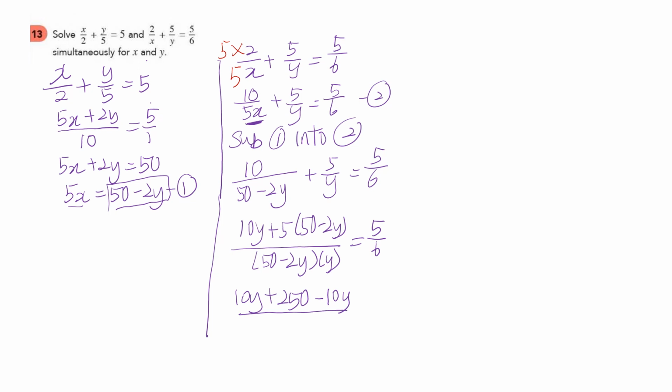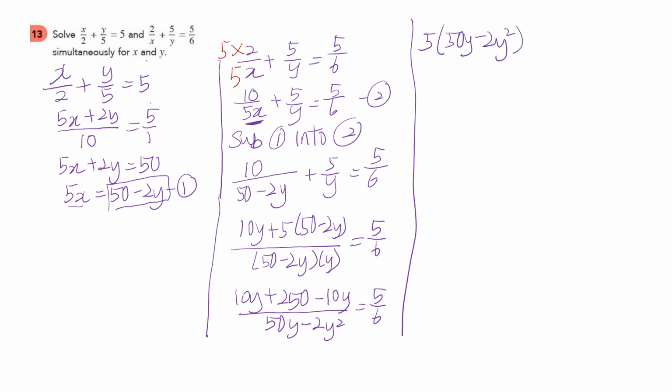Also simplify the denominator, because we're going to do a cross multiply. So that will give us 5 multiplied by 50y minus 2y squared equals to 250 times 6.